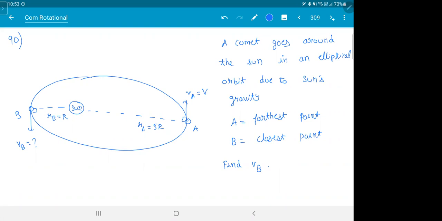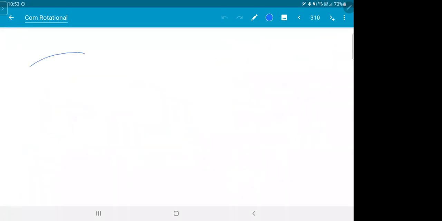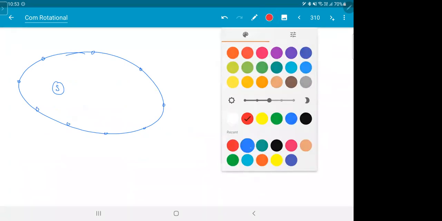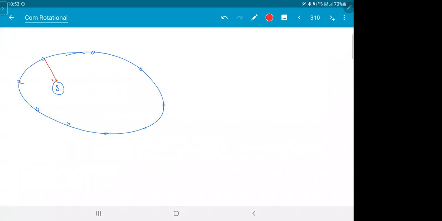Let me show you. First thing, FBD. The sun is here. Now, when the comet is at different places, the question is actually very easy to solve, but you should know the steps. How is the gravitational force? It's always towards the sun, no?